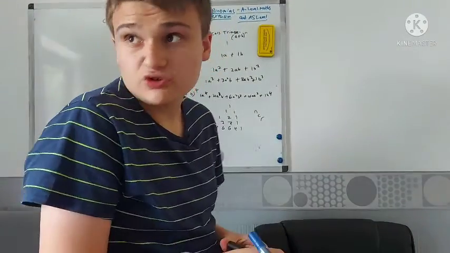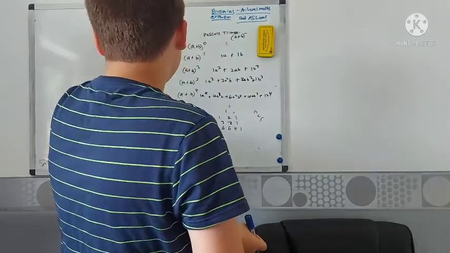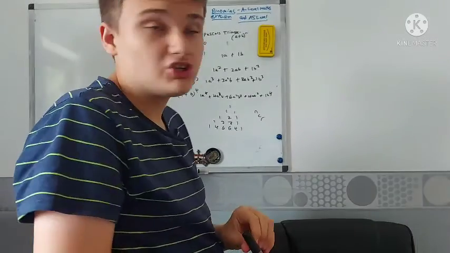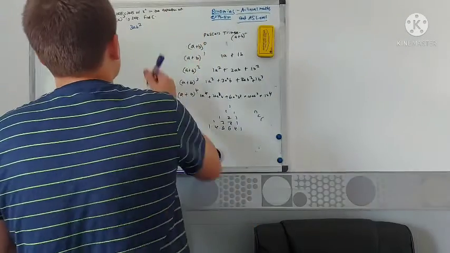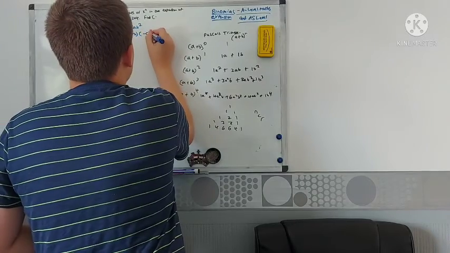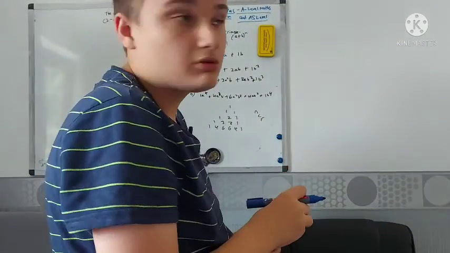That's the expansion, so you should have expanded that. If you have, that's great. If you haven't, make sure you expand that properly. So I've expanded that, and I want to sub in the 2 and the minus cx. So I've got the 3 lots, so the 2 and the minus cx squared.